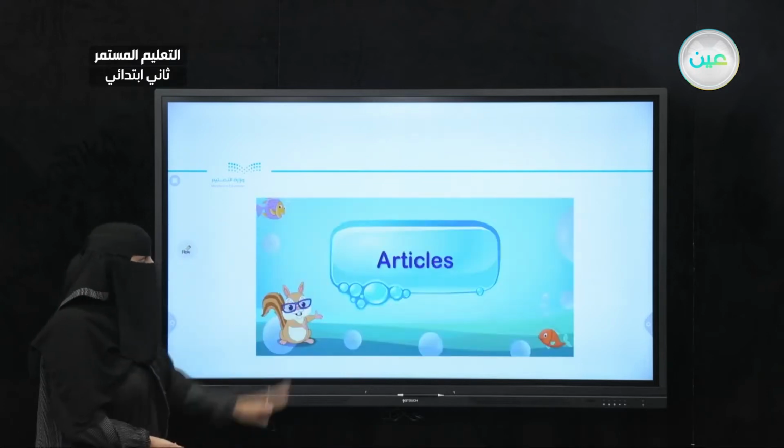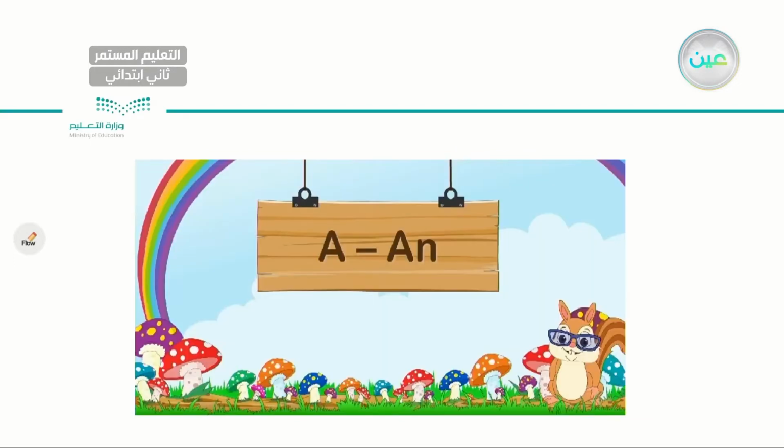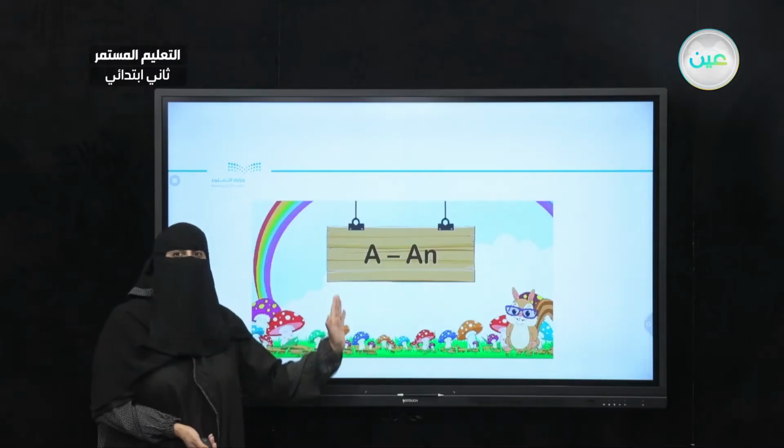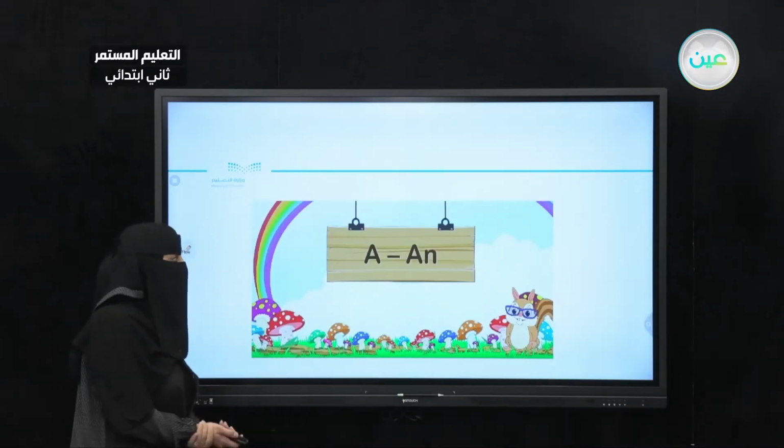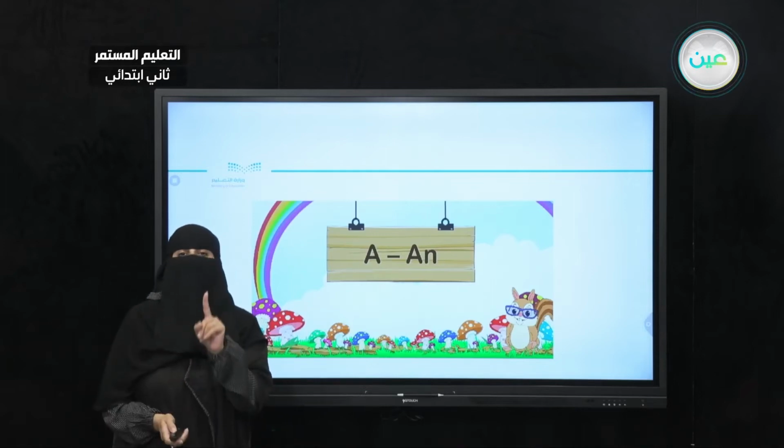Bismillah. Let's start by revising articles because they are very important in order to understand our lesson. What are the articles that we discussed in the previous class? They were articles a and an. A and an. Very good. A and an. Remember, I only use these with singular.